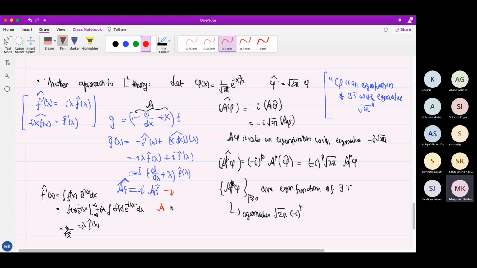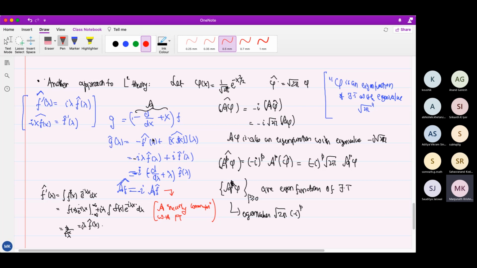Almost, there is this factor of minus I. We understand precisely how it commutes. That's the point.